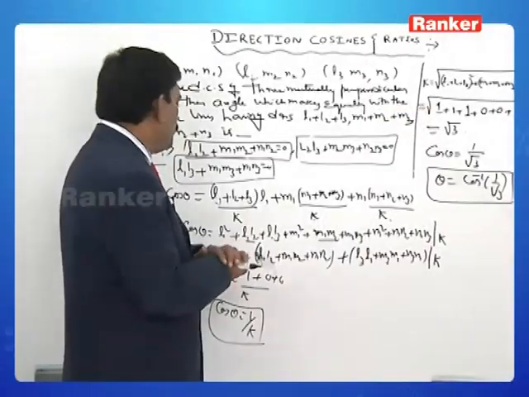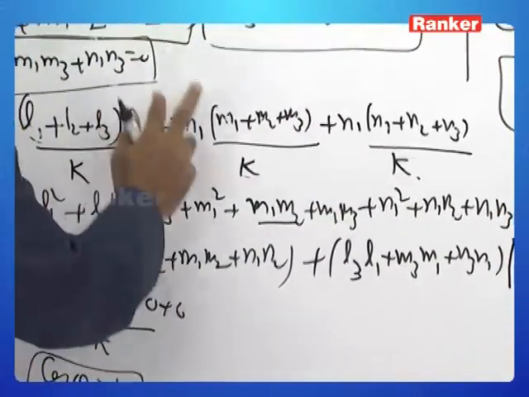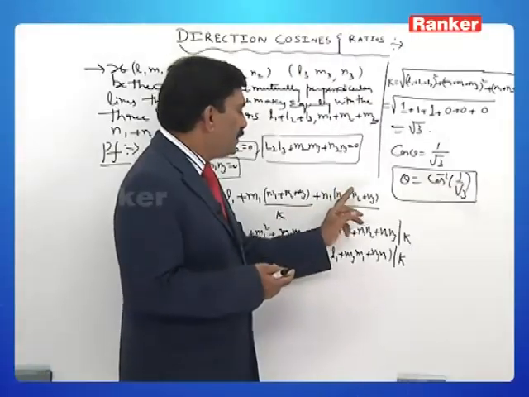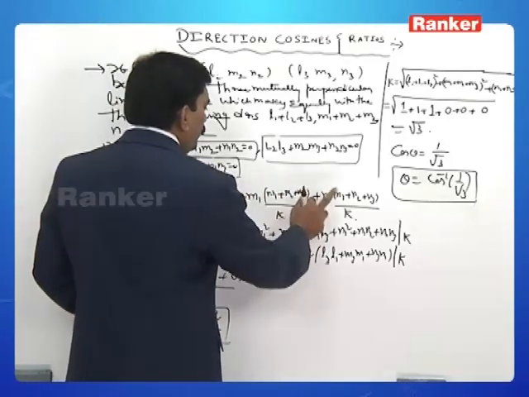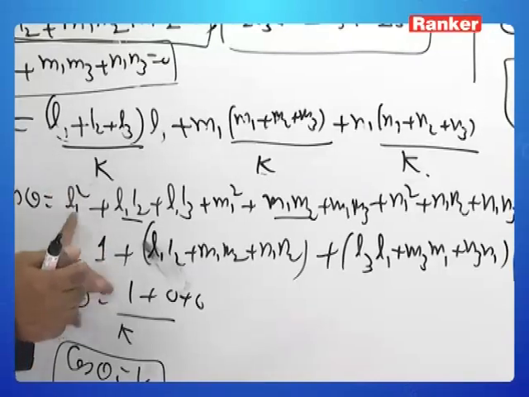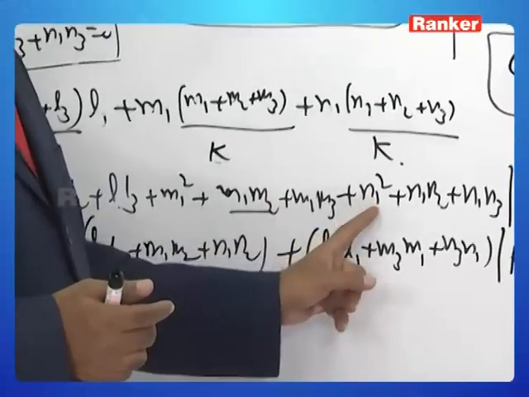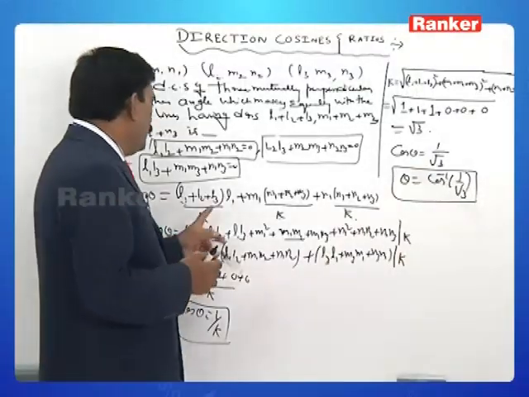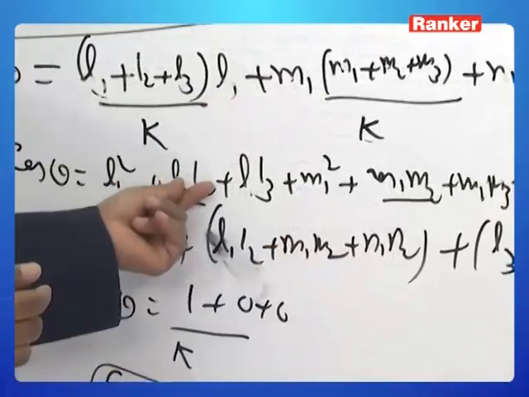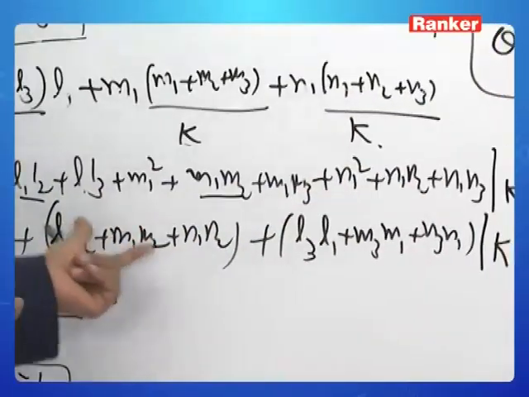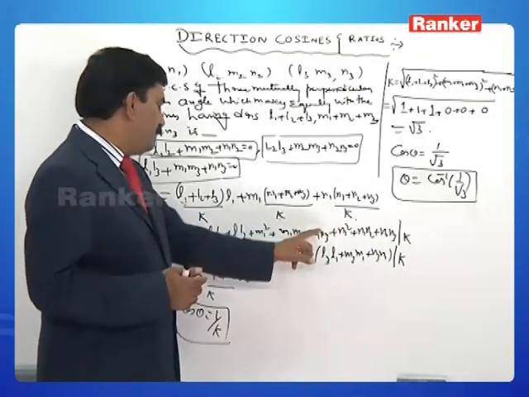So therefore, cos theta is equal to (L1 + L2 + L3) into L1 by K, M1 into (M1 + M2 + M3) by K, N1 into (N1 + N2 + N3). Instead of L1, M1, N1, you can take L2, M2, N2 or L3, M3, N3. The same thing you are going to get, right? Why? It makes equal angles with the 3 lines. Okay, so therefore, now you multiply: L1², L1L2, L1L3, M1², M1M2, M1M3, N1², N1N2, N1N3 by K. Now L1² + M1² + N1² is 1.